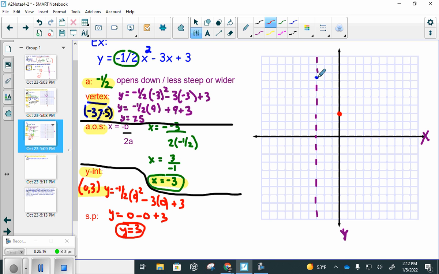So here's my vertex in blue. My red point is my y-intercept. Notice that the red point is 1, 2, 3 units away from the axis. So I then need to go 3 units to the left because this one's going to open down, remember. So 1, 2, 3, find your symmetric point.